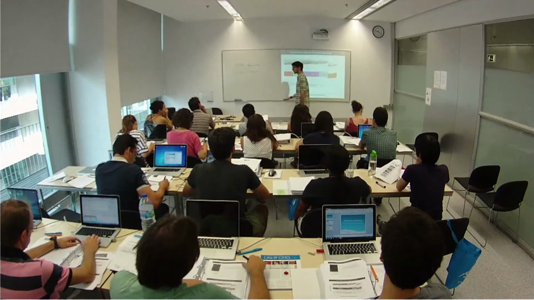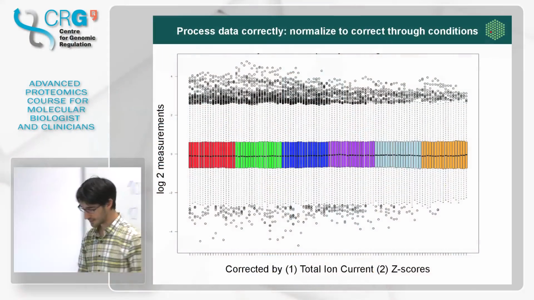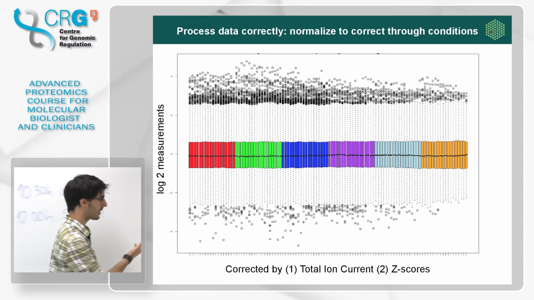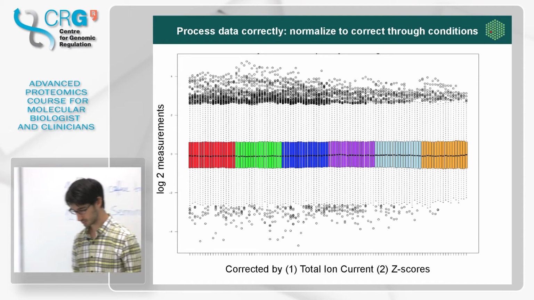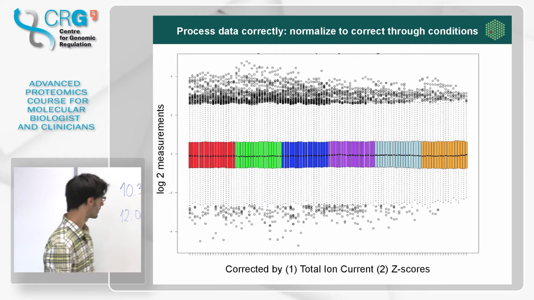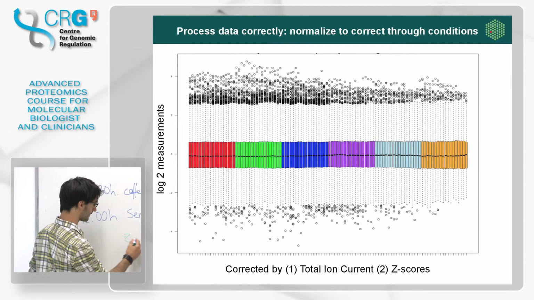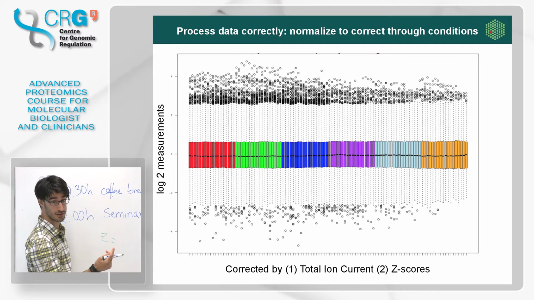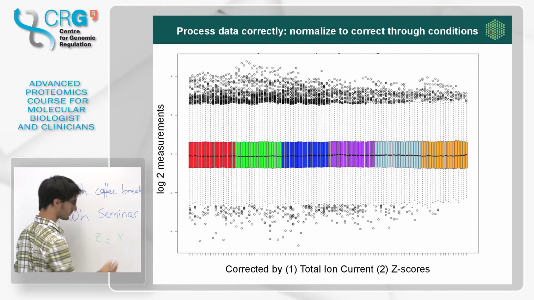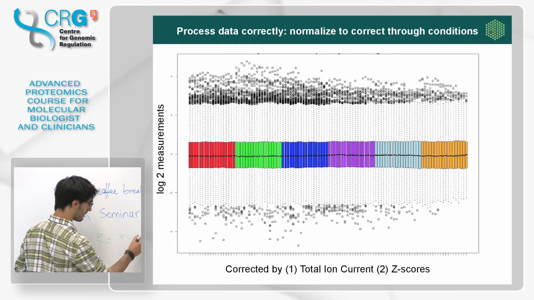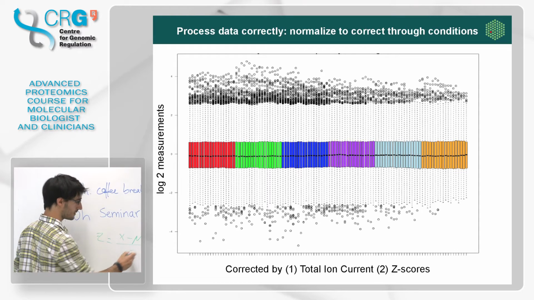One thing that you can do, for example, is just take the z-scores. So the z-score of each value will be the distance between each one of your data points and the mean, divided by the standard deviation.